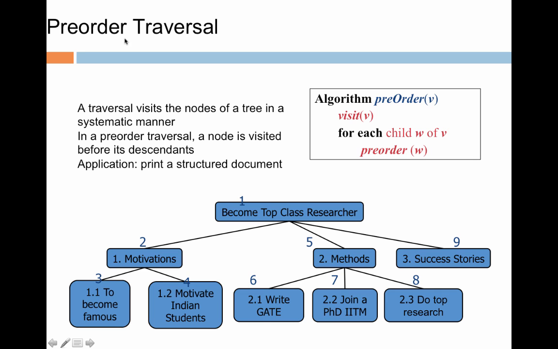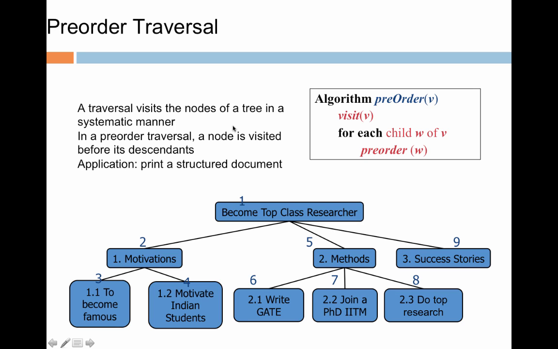So let us look at the pseudocode, and we'll also see the order in which the nodes are marked as visited in the pre-order traversal. So the pre-order traversal of V is to visit V, and then for every child W of V, you do a pre-order traversal of W. Okay, so there is a small typographical error here.